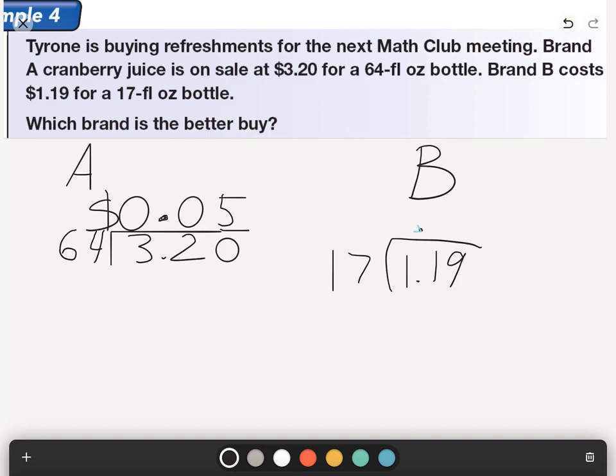So I bring up my decimal, and I can go, okay, there's 0.17s in 1, and there's also 0.17s in 11. And then a little guesstimation.